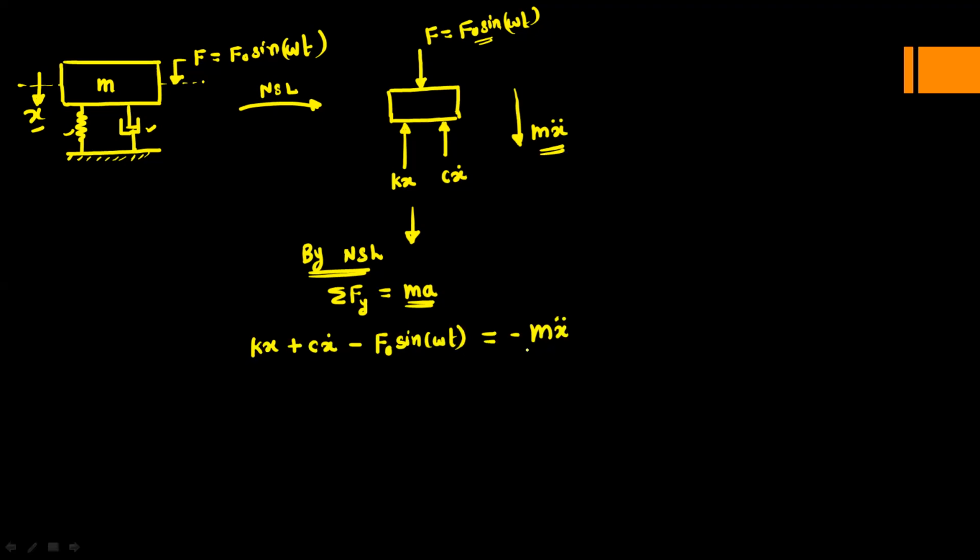Okay, now just rearrange the equation. Take this inertia mx double dot on the left hand side, so it is mx double dot plus cx dot plus kx, this is equal to, take this term on the right hand side, which is f0 sine omega t.